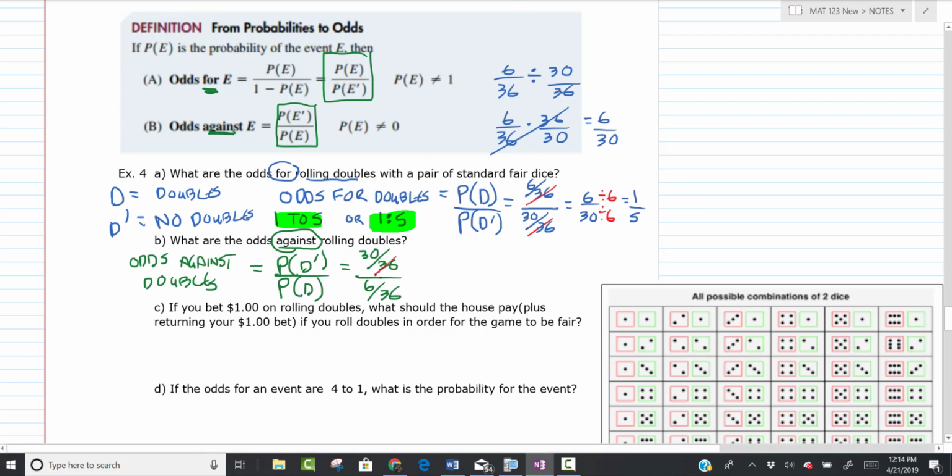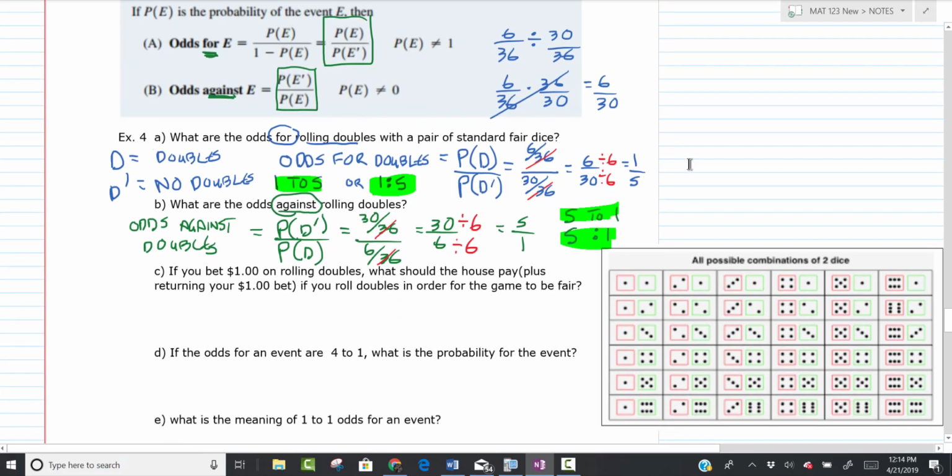That would divide out, and it would end up giving you 30 over 6. If you reduce that fraction by 6, you would get 5 over 1. So it's the reciprocal, like I said. We would just say 5 to 1 odds, or 5 colon 1. Those are the 2 common ways to write odds.